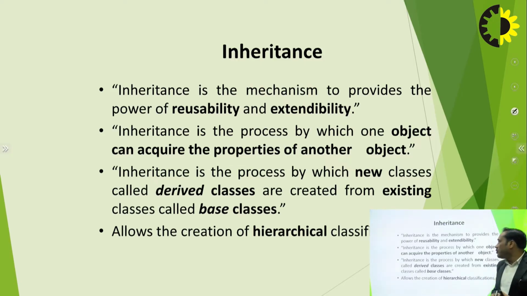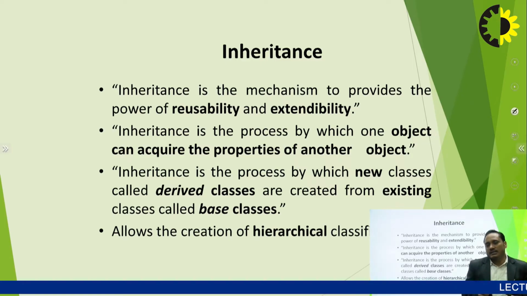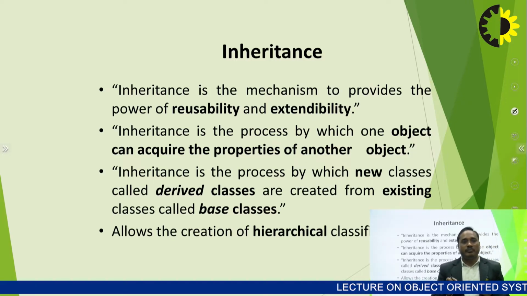Now the third point: inheritance is the process by which new classes, called derived classes, are created from an existing class, called the base class. A new class can be created only when you have a base class. The base class is the major class, or you can say the main class. With the help of the base class, you can create more than one derived class.